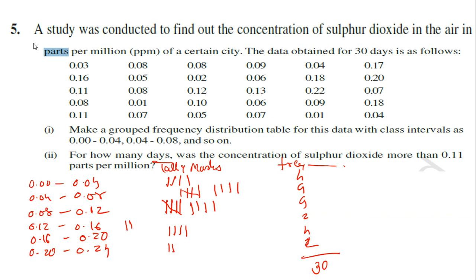Now second, for how many days was the concentration of sulfur dioxide more than 0.11 parts per million? More than 0.11. For how many days?